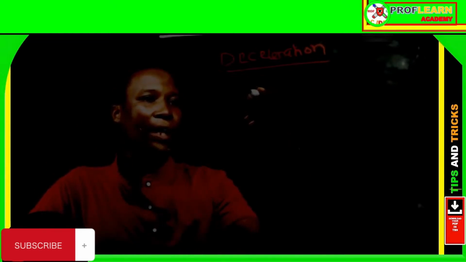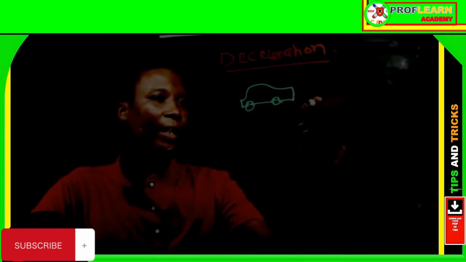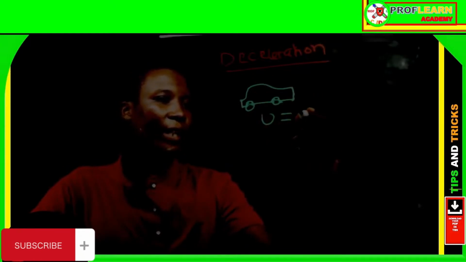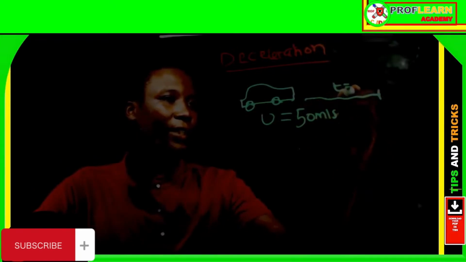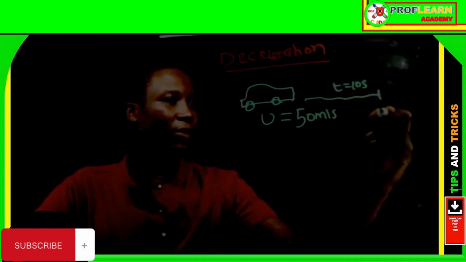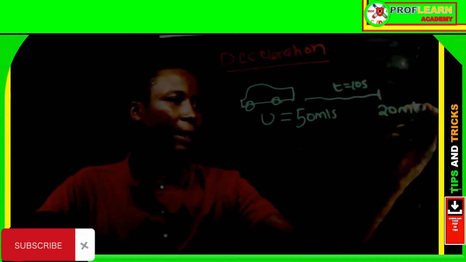Now deceleration is a situation whereby if you are having a moving object, and let us just say a toy car is initially moving at 50 meter per second, then it moves for some time, let's say after 10 seconds it slows down to 20 meter per second.